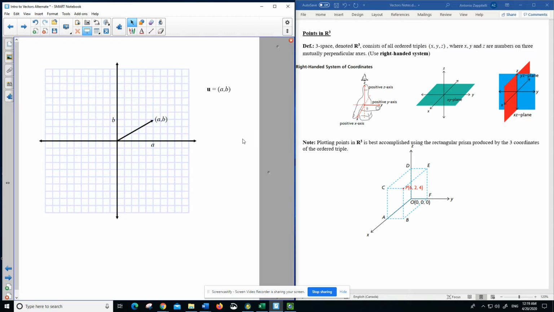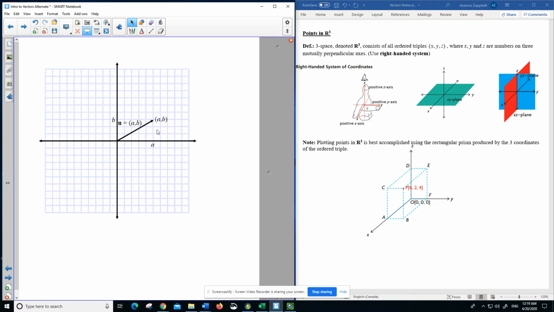Now we need to give this a name. Since we're defining the vector as always starting from 0, 0, we're actually going to define the vector as (a, b) in these round brackets.